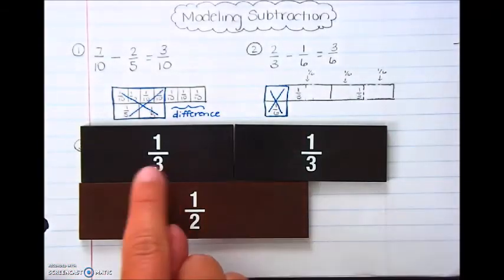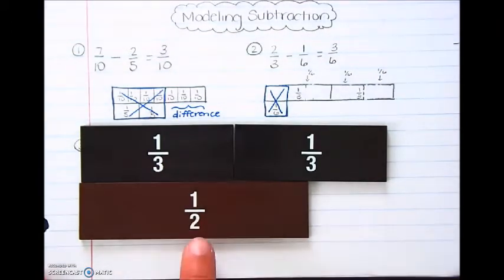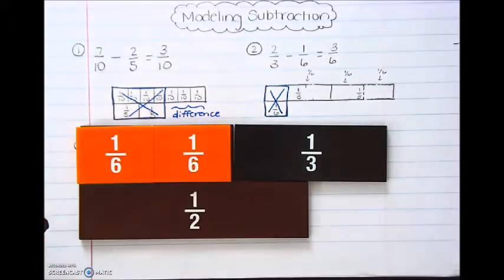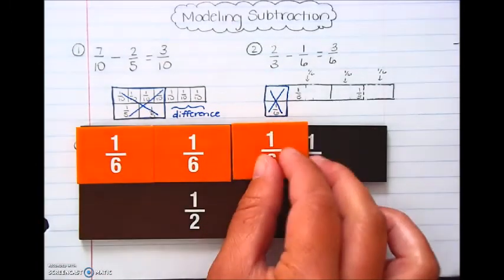So I need to find a tile now that works with both a denominator of 3 and a denominator of 2. I know that 6 is a multiple of both 3 and 2. So I'm going to replace my 1/2 and my 2/3 with 6 pieces.